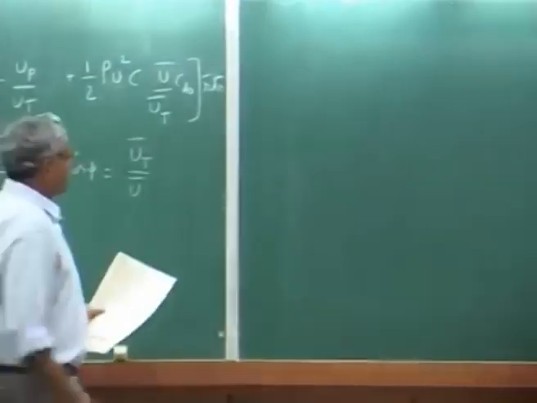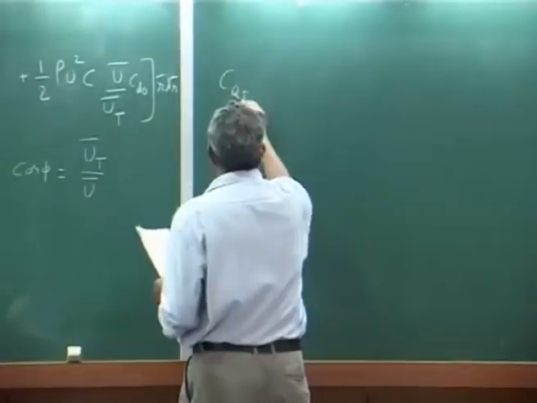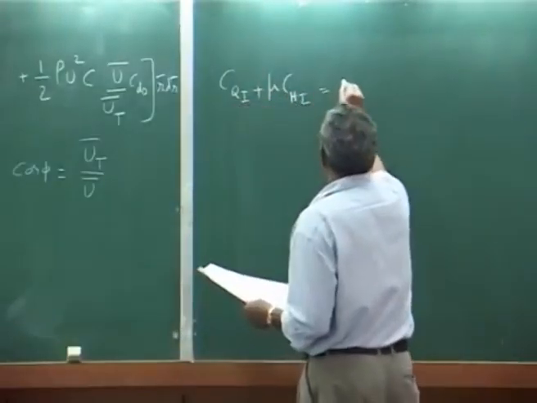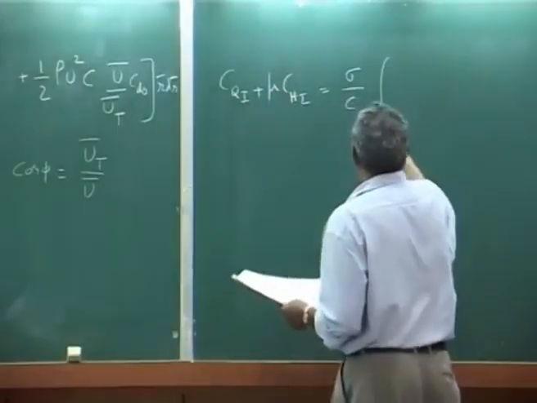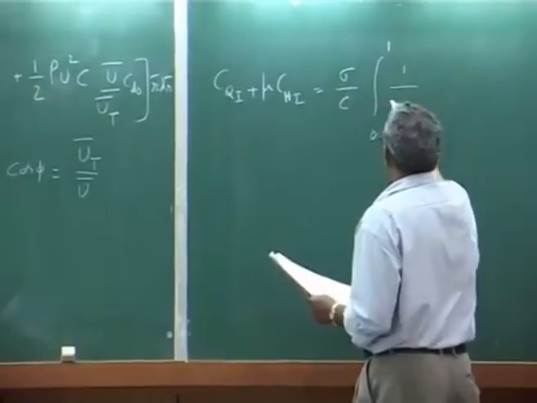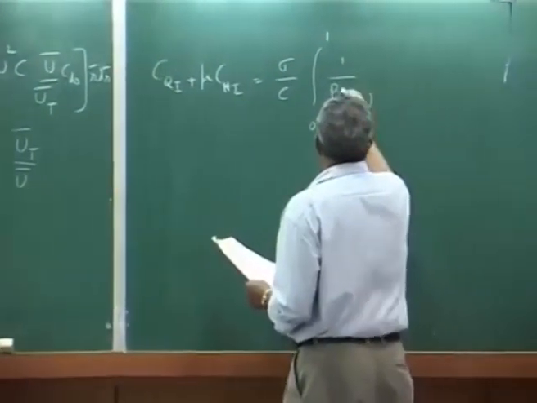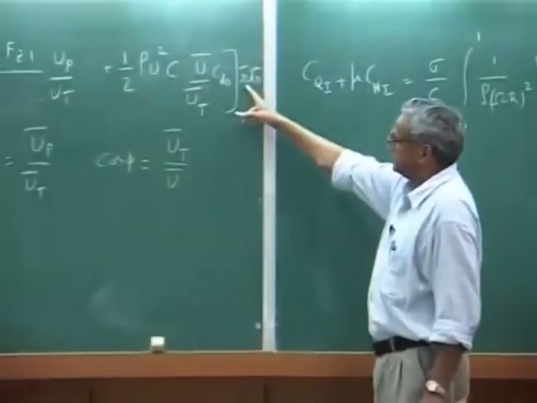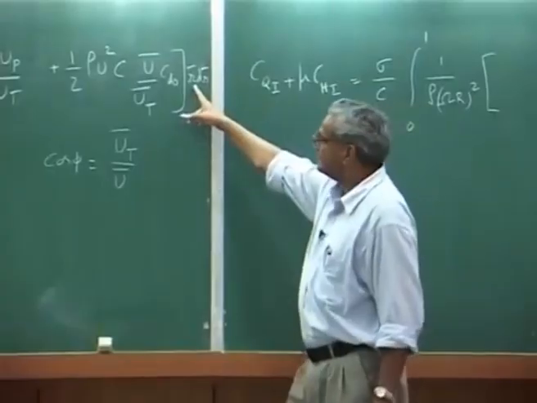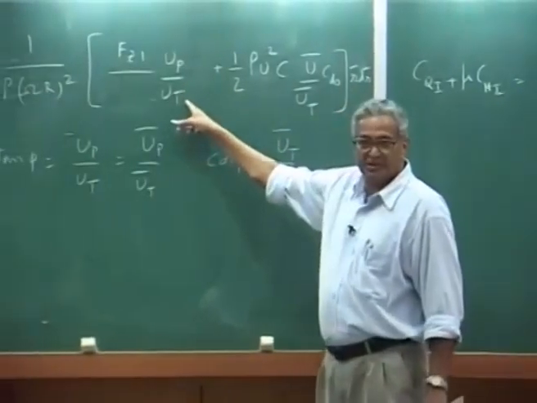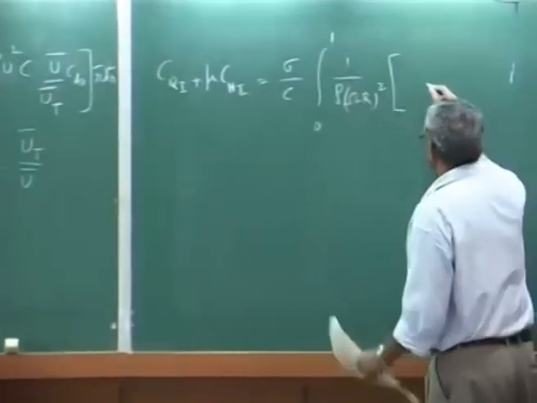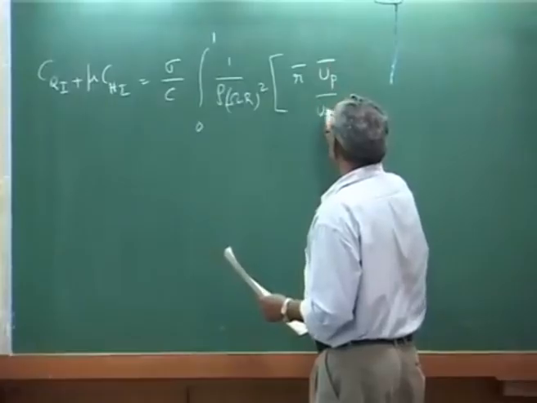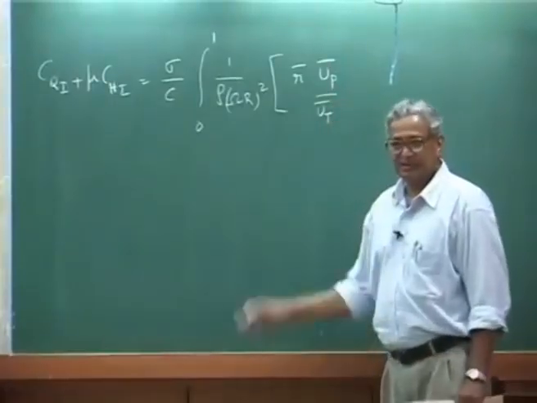So, we will have C_QI plus mu C_HI. This is sigma over C_l alpha, 1 over rho omega r whole squared, r bar, U_P over U_T, or you can write U_P bar by U_T bar. So, you will have r bar U_P bar over U_T bar, it does not matter, bar you can keep it.